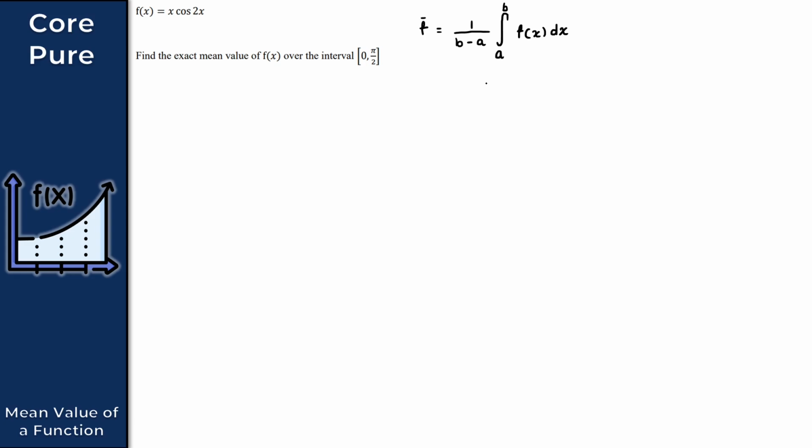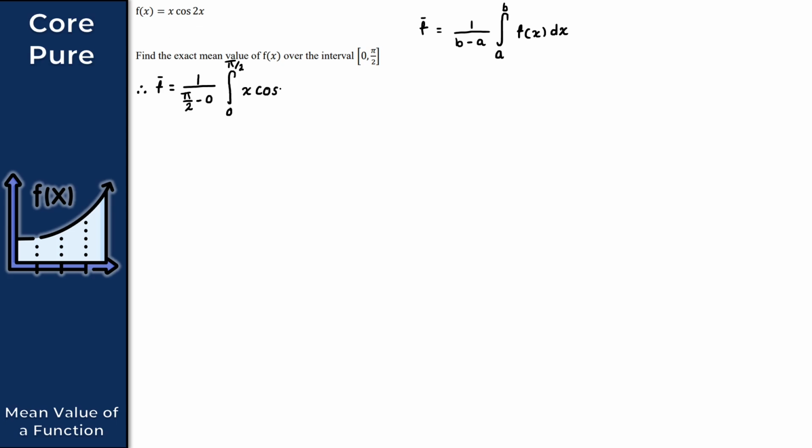Okay. So in that case then, what do we get here for f bar? So therefore f bar is equal to, so we get 1 all over, so a here is 0, b is pi over 2, so we get pi over 2 minus 0. We then times this by the integral here from 0 to pi over 2 of f of x, which is x cos 2x.